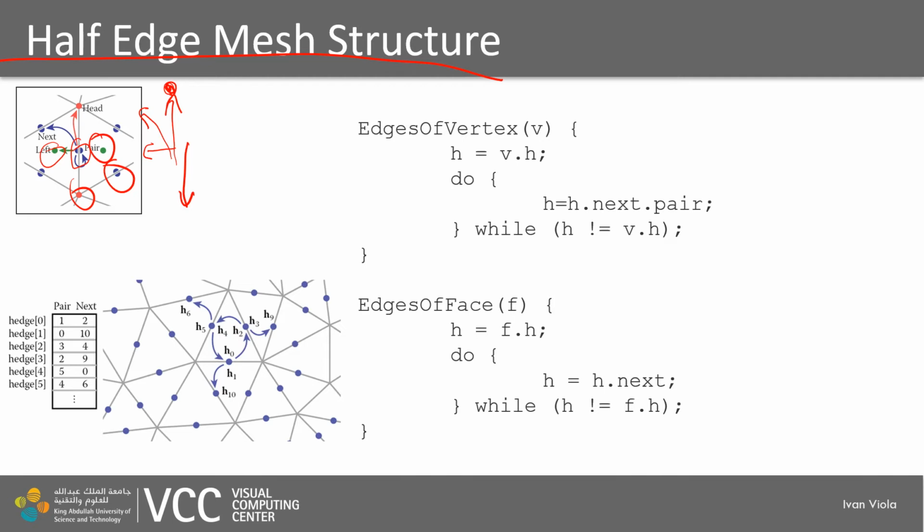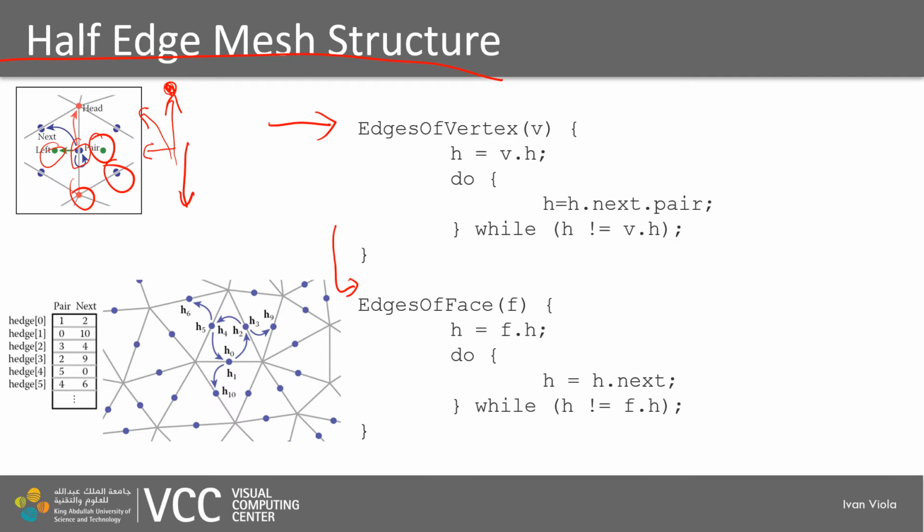With this separation of one winged edge into two half edges, we can get rid of the if conditional. Let's have a look how we can calculate the edges of a vertex or which edges constitute a face.